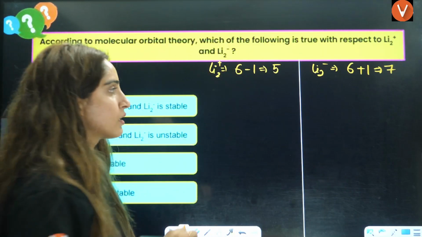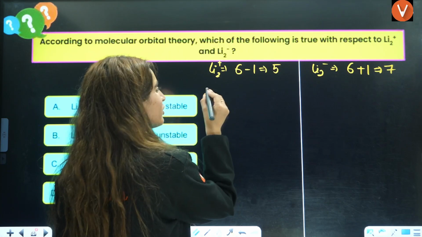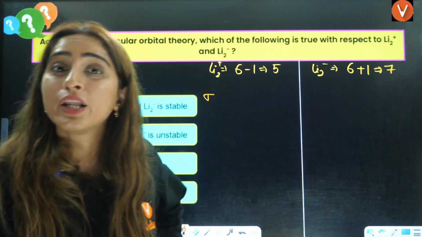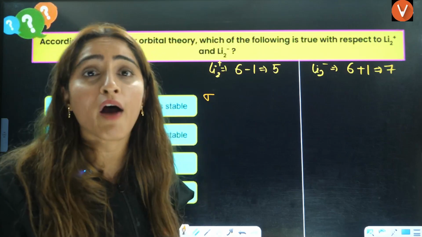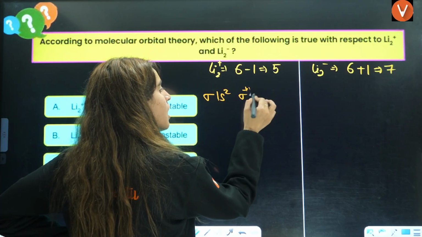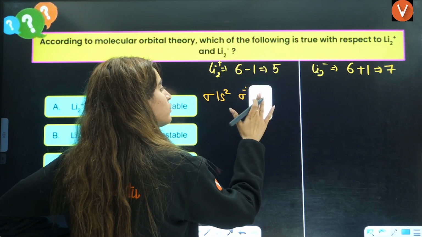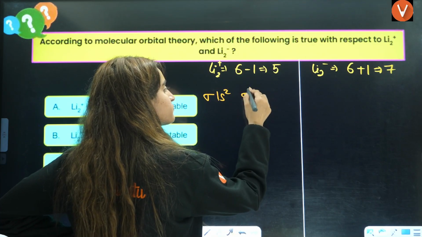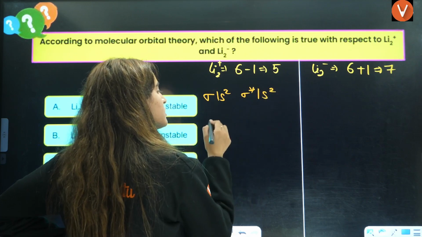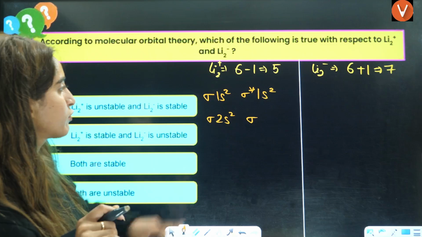5, this is 7. Here, if you have greater than 8, then you can subtract 8 here. So you have to fill in Kk also. Sigma 1s is 2, sigma star 1s is 2, sigma 2s is 2. Now, 5 electrons you have to fill.